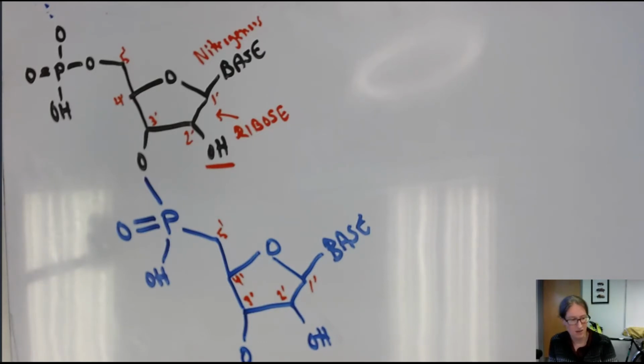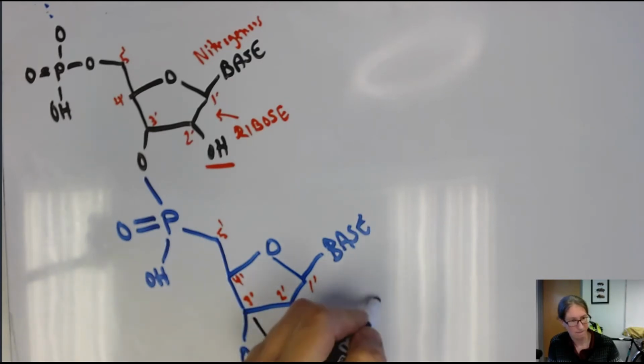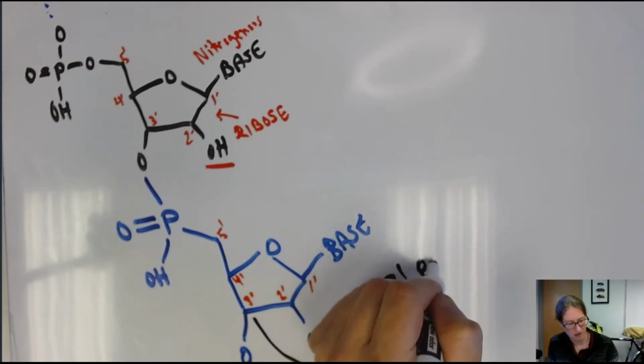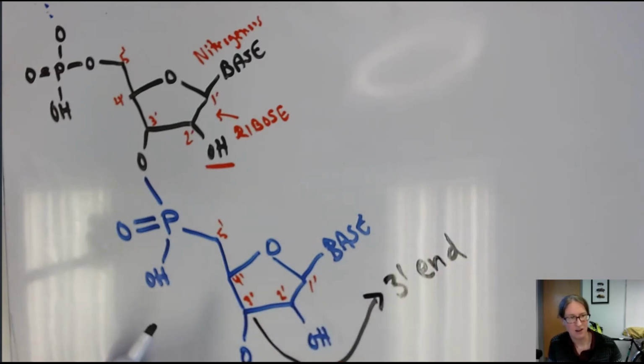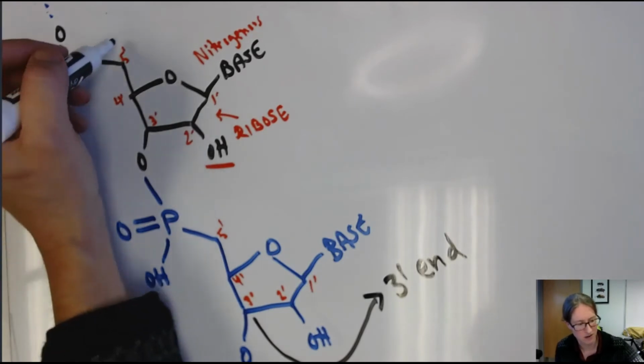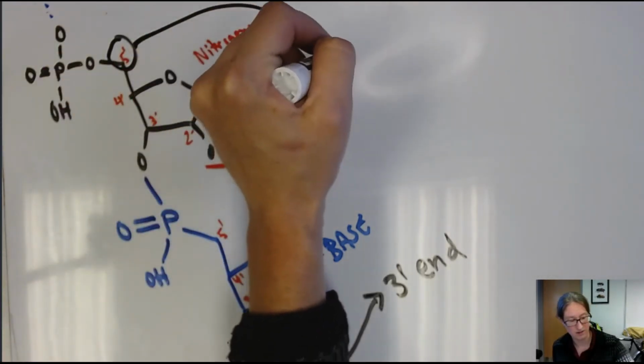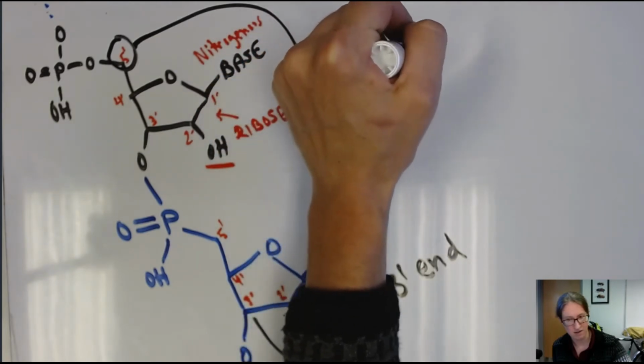And so there's an end where the carbon that is free is a 3' carbon. So that's referred to as being the 3' end. And then there's an end where there is a free 5' carbon. So that is referred to as the 5' end.